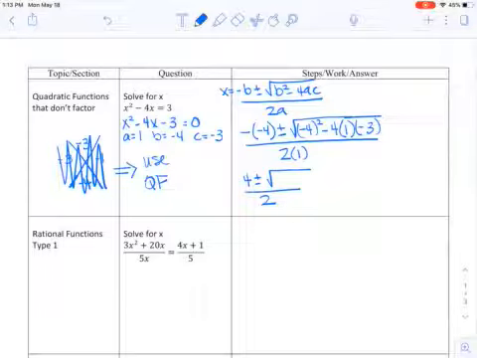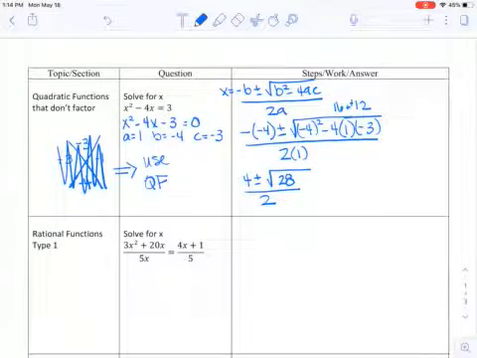Negative 4 squared is going to be positive 16 minus 4 times 1 times negative 3 is negative 12, which really turns into a plus, and that's 28. And this is great, but not done. Okay, so no, I can't reduce yet because my 4 can be divided by 2, but I haven't simplified my square root of 28.